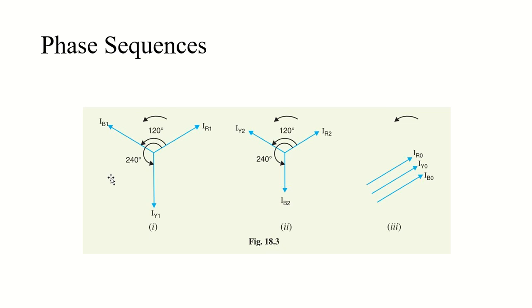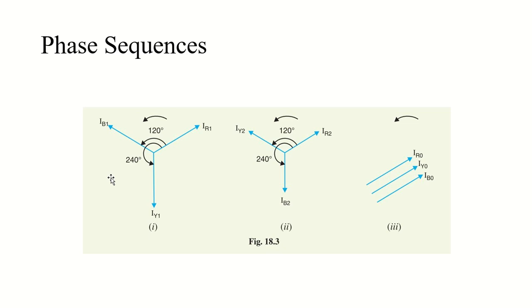So if you want to confirm whether the condition of your three phase system is correct or not, you will just check the phase sequence. If they are all placed 120 degrees from each other, then your system is in the normal condition.